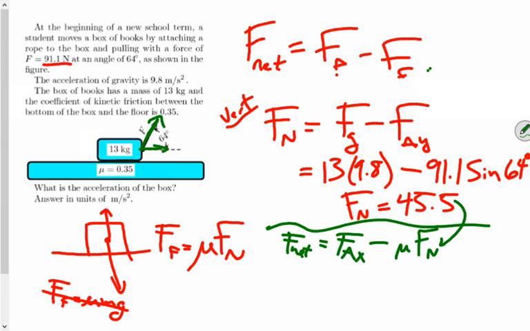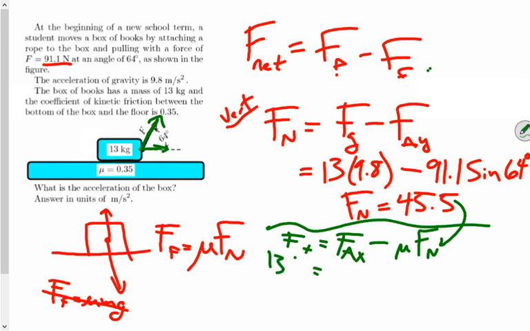So we're going to put in our equations: ma is equal to the force times cosine theta. I'll put this in as numbers.